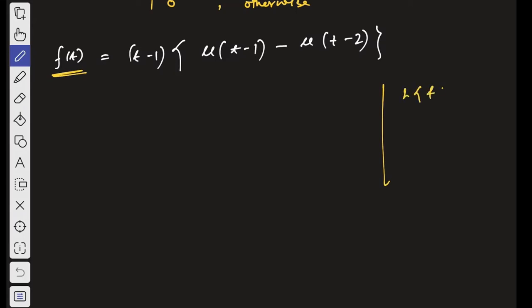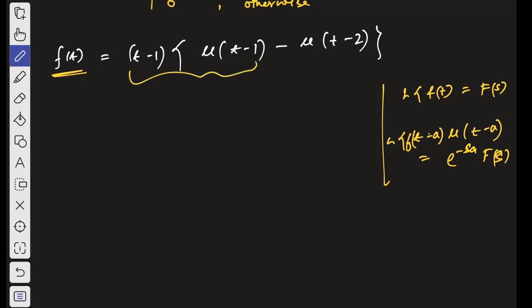According to the second shifting theorem, when the Laplace transformation of f of t is equal to capital F of s, then the Laplace transformation of f of t minus a into u of t minus a is going to be equal to e to the power minus sa into F of s, right?